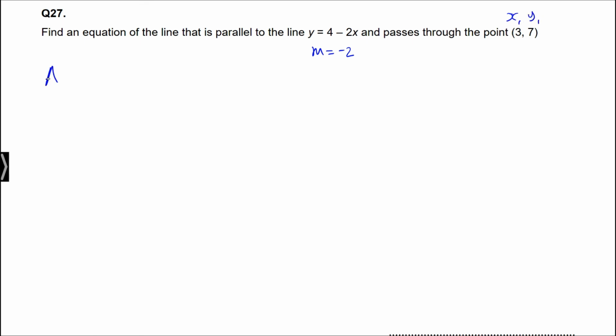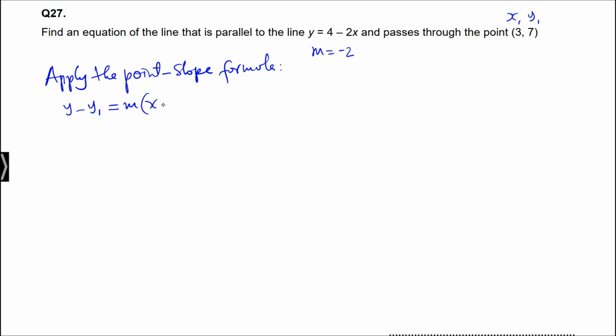So again here, apply the point slope formula. So the point slope formula here states that y minus y1 is equals to m into x minus x1.